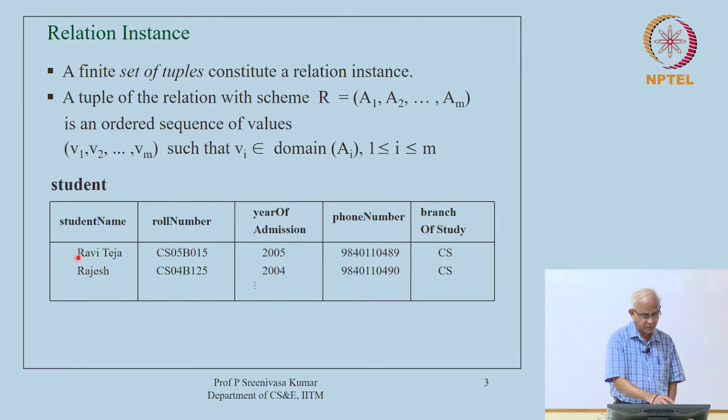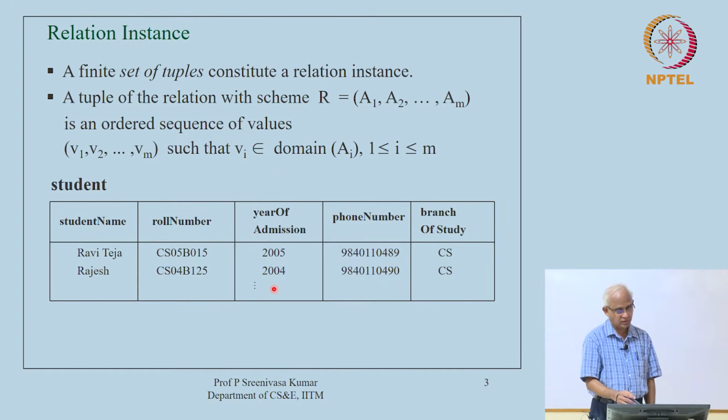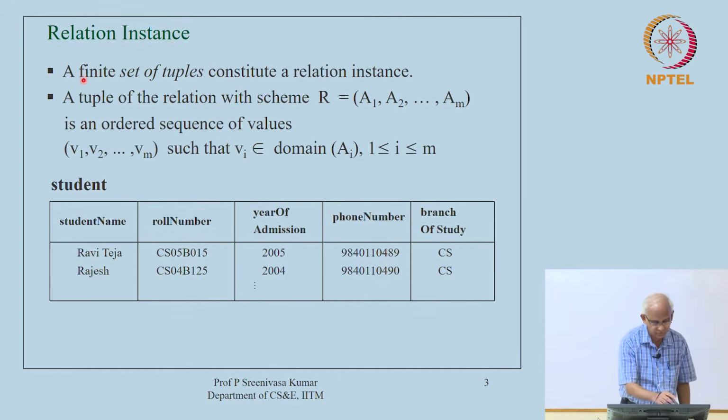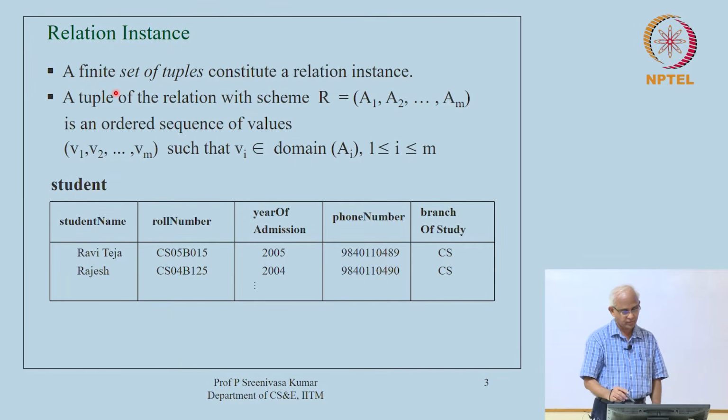So, in this case, student name Ravi Teja, roll number, year of admission, phone number, etc. You can have dot dot dot, but it is not infinite; it is a finite number of tuples, because it is a set, a finite set. I emphasize: a finite set of tuples constitutes a relation instance.